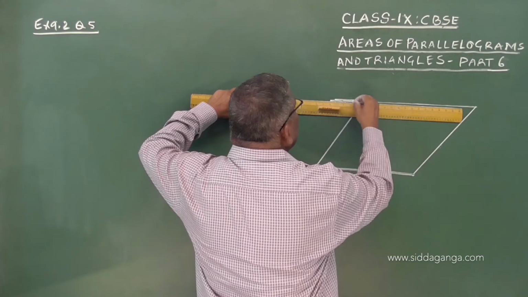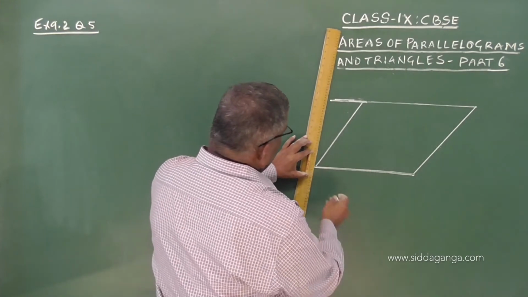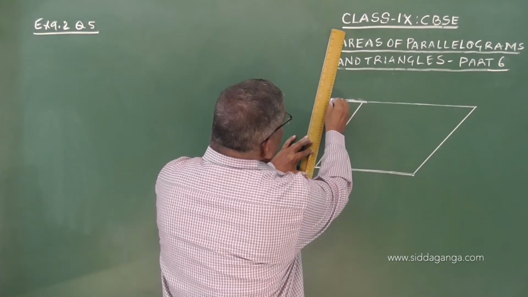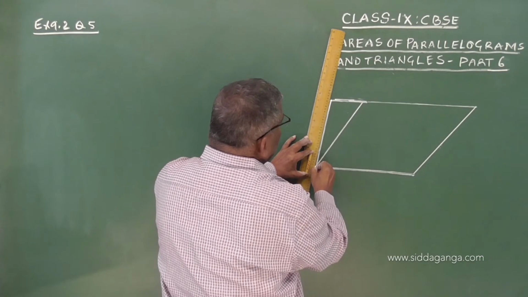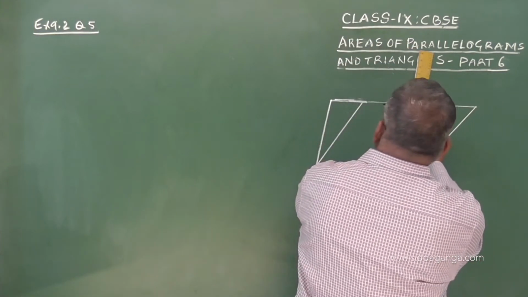This is extended and this point is joined here, and parallel to this another point is here.